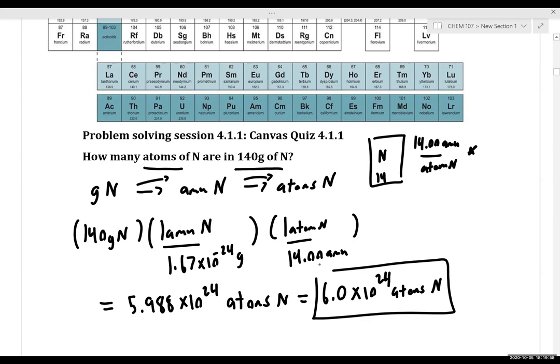Professor, how do you get the 5.988 again? Oh, punching this in, I take 140 divided by 1.67 divided by 14. Okay, got it. Are you getting the same result from your calculator? I haven't calculated yet, but I can find out. Professor, I have a quick question. 1.67 times 10 to the negative 24th, how did we get 24?